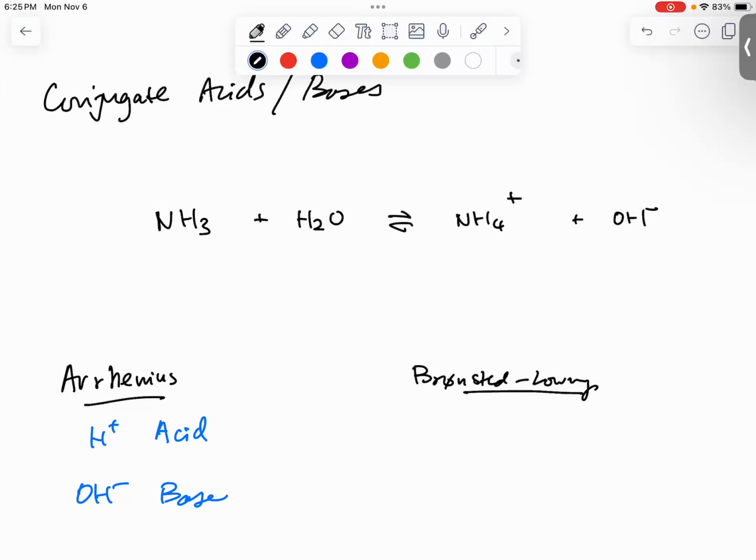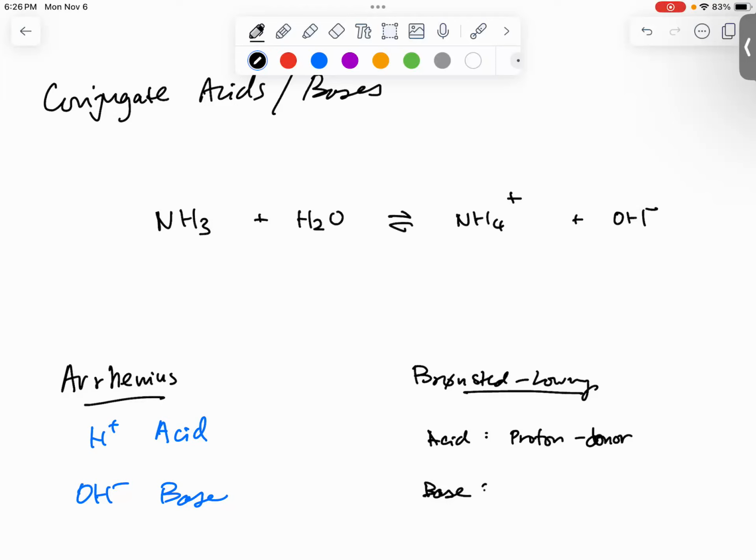But how do we describe this production? For an acid, it's called a proton donor. You can give away the proton, the H plus. That's an acid, basically the same thing as Arrhenius.